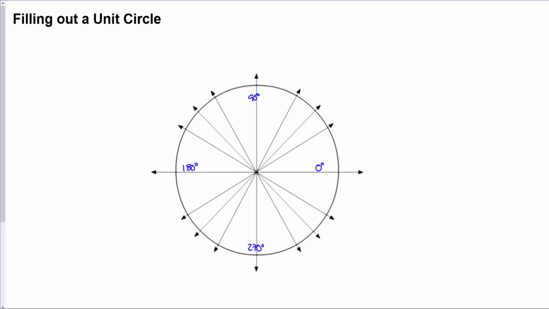And then I go in and start filling in my 45 degree angle measures. So this one's 45. 45 plus 90 is 135. If you add 90 more, that gives you 225. Plus 90 more would give you 315.